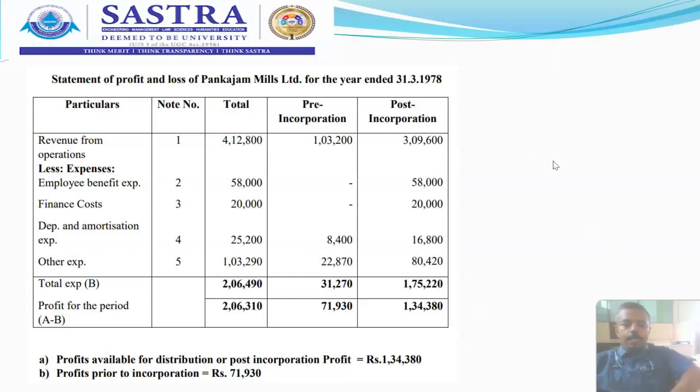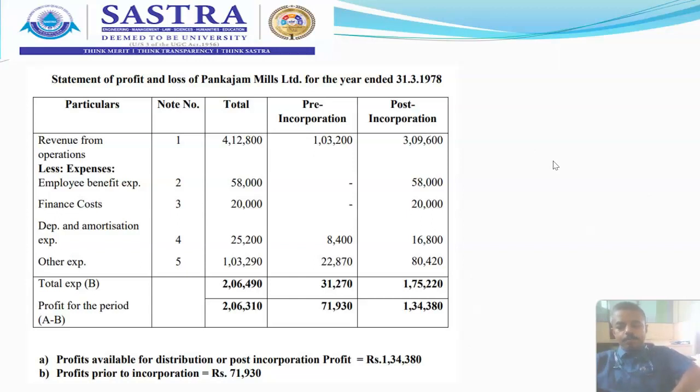So even though the company has earned a total profit of rupees 2,06,310, the post-incorporation period profit alone can be used for the distribution of dividend to the shareholders.